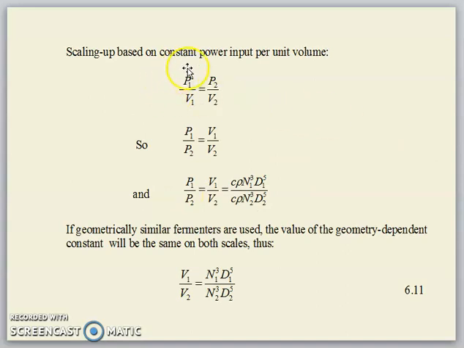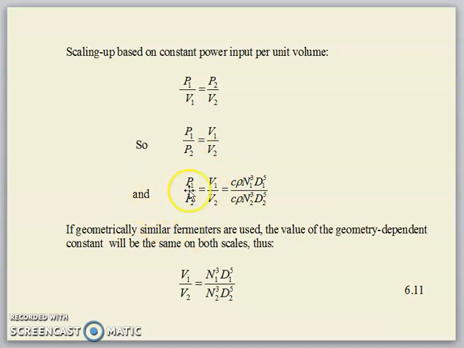Scaling up based on the constant power input per volume can be written as P1 over V1 equals P2 over V2, based on the ratio. So you can rearrange the equation into P1 over P2 equals V1 over V2.